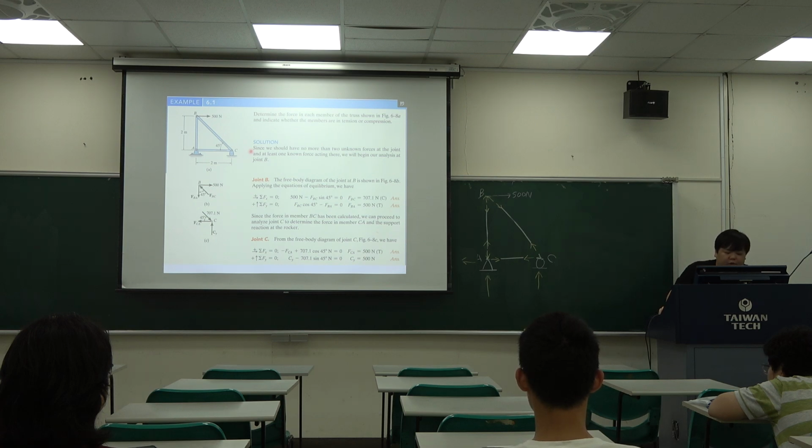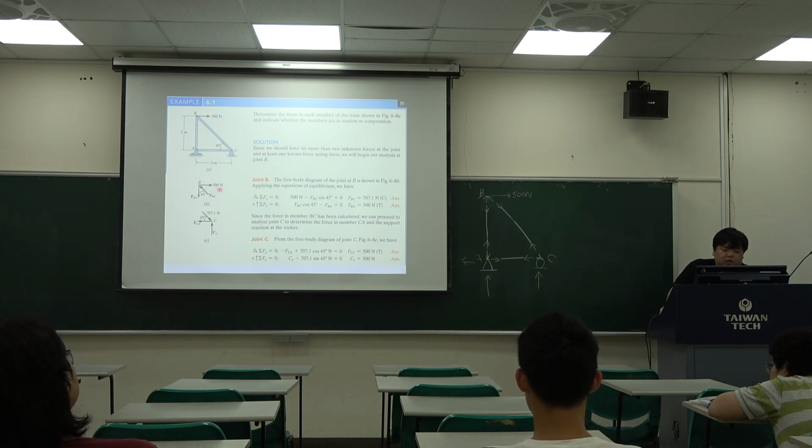So we can use joint B, do the summation Fx equals 0 and the summation Fy equals 0. At joint B, you can see the force may be like this. If the direction is different, the value just has the negative or positive sign.